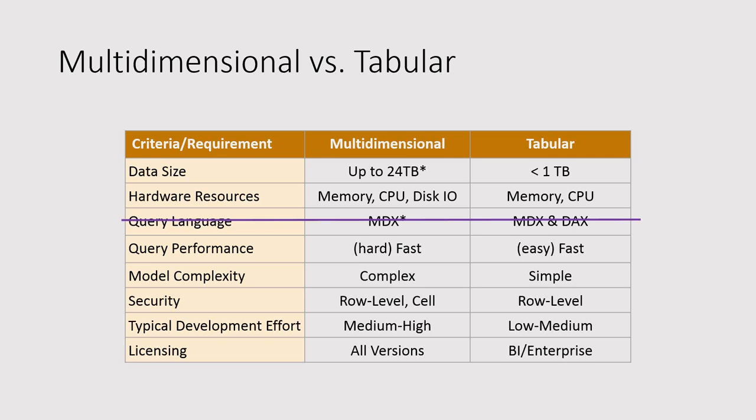Licensing is also an interesting one. For multidimensional, I put down all versions. A standard SQL Server license will support multidimensional, and there are some limitations there, but it does support it. Whereas tabular is only offered in the BI license and the enterprise license, of course. So those are definitely ones to keep in mind.